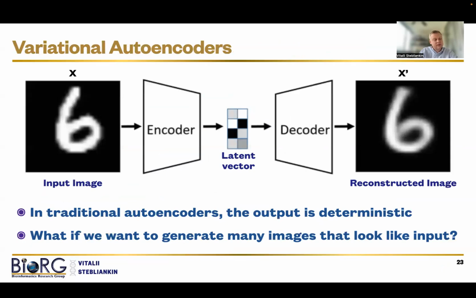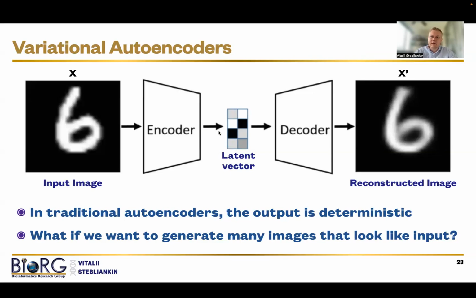Okay, this was generative adversarial networks, and the next class of generative networks is variational autoencoders. On the slide, you can see the traditional autoencoder that we already covered. The one thing that you notice is that it is deterministic.